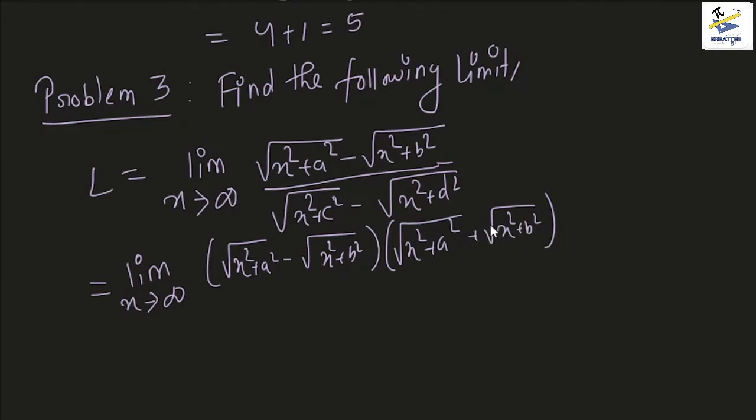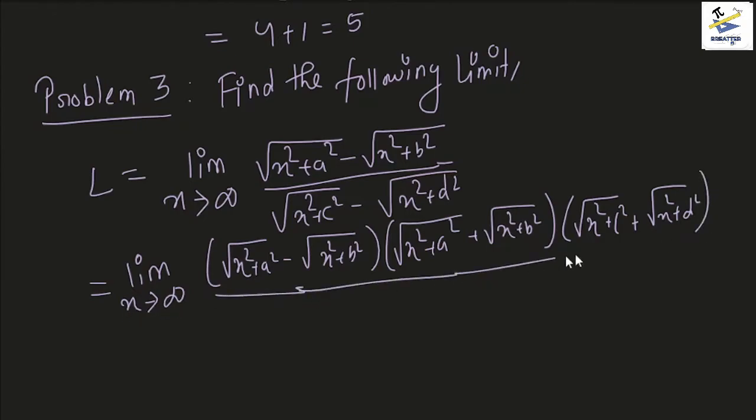So this was multiplied, and also we need to multiply by the conjugate of the other term, which is root over x square plus c square plus root over x square plus d square. You will see why I did that, because we would need that here.